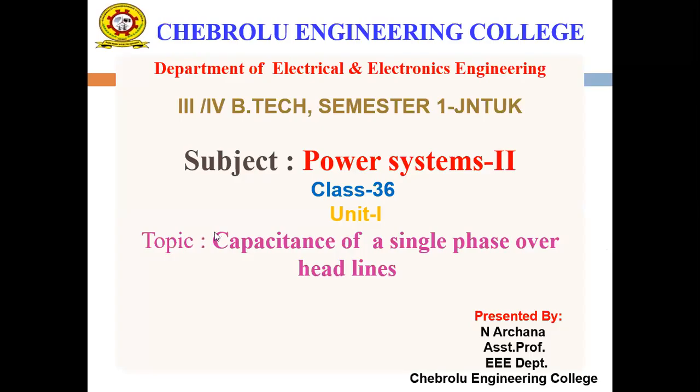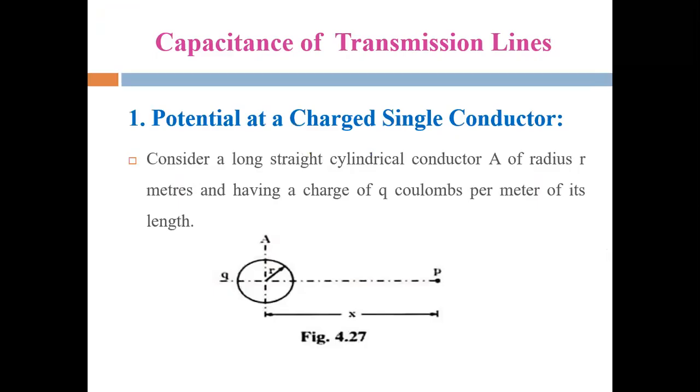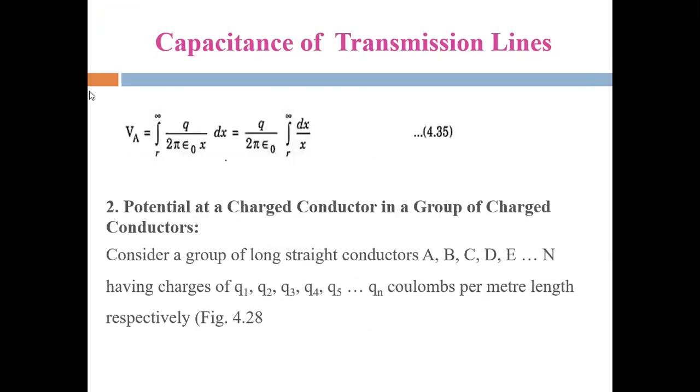Therefore, we calculate the electric field intensity at a point x meters from the conductor. Then we obtain the potential difference VA as the integral from r to infinity, where r is the radius of the conductor and infinity is the distance limit.